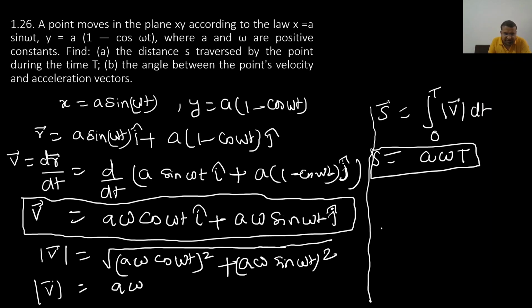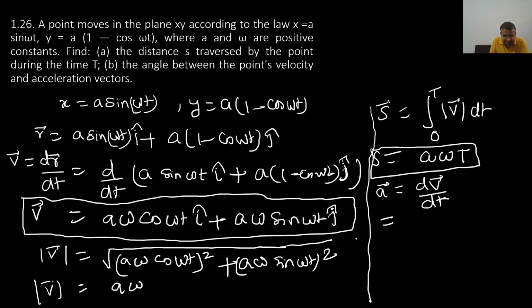Now the second question is the angle between the point's velocity and acceleration vector. First of all, we need to calculate the acceleration vector, which is the differentiation of the velocity vector with respect to time. You already know the rate of change of velocity with respect to time is acceleration.